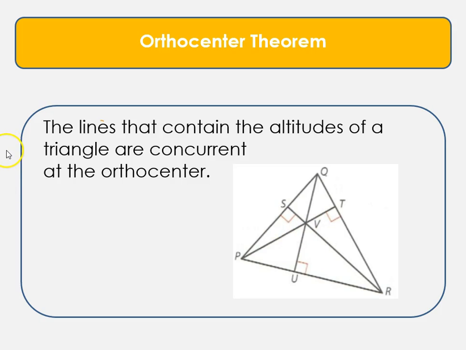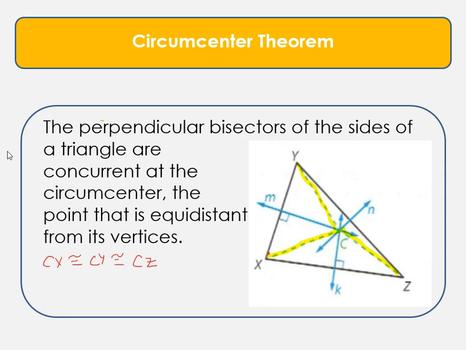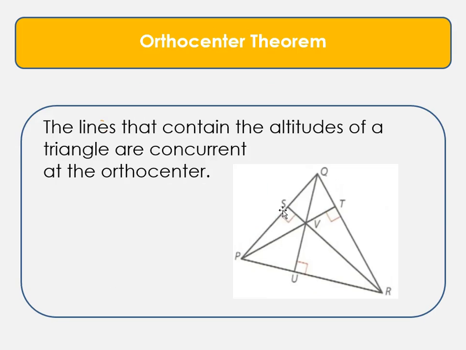We just did the circumcenter that has 90 degrees that splits the sides, and the orthocenter that has 90 degrees, but the point of concurrency, unless the triangle is equilateral, will not be in the same spot as the point of concurrency for the circumcenter.